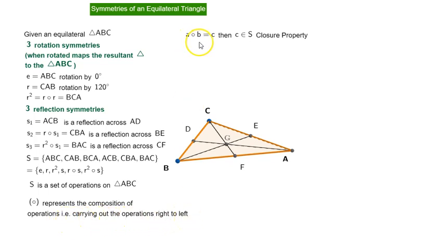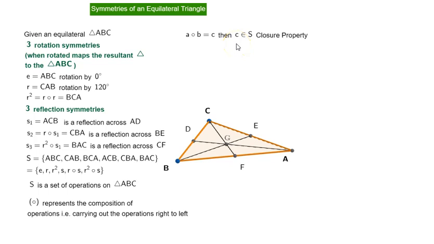So A composition B, but when we apply it, we do it the other way around, is equal to C. So one way of looking at it is A is a symmetry in this, B is another symmetry in this. If we do some composition of these two symmetries, do we get another symmetry which is there in this set itself?